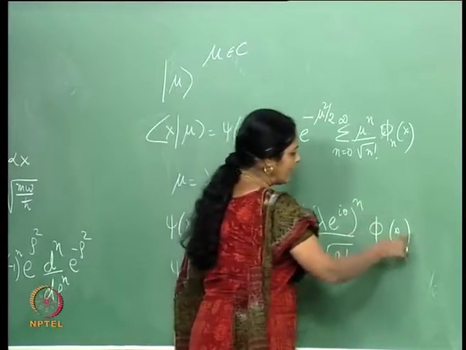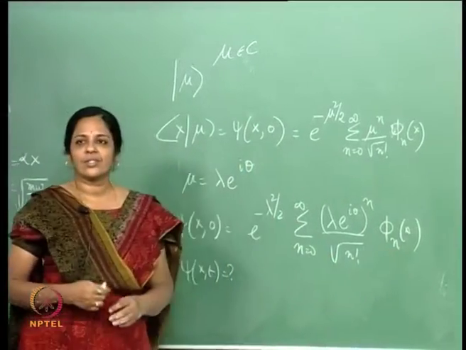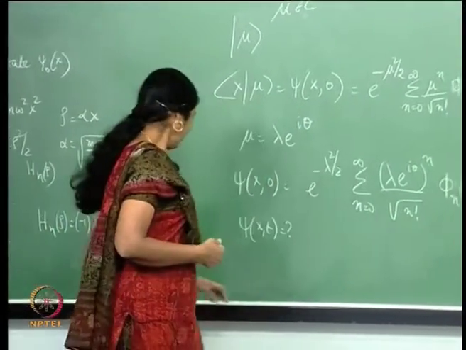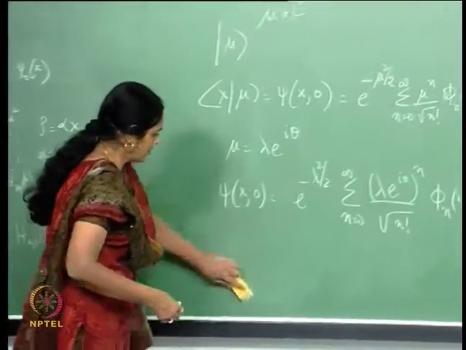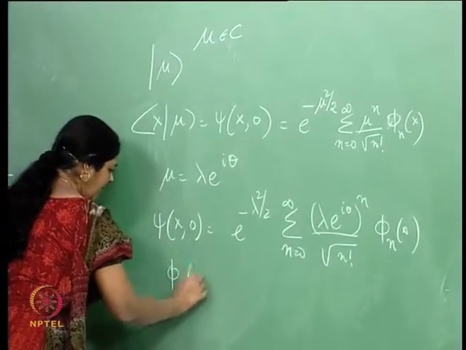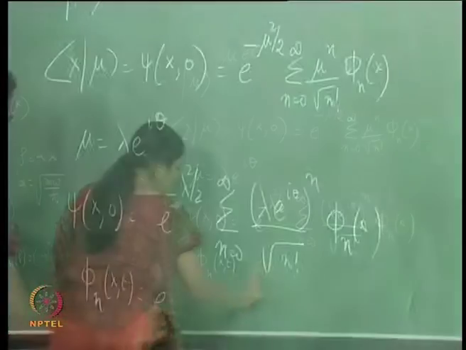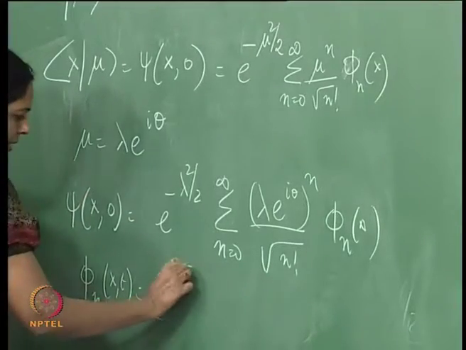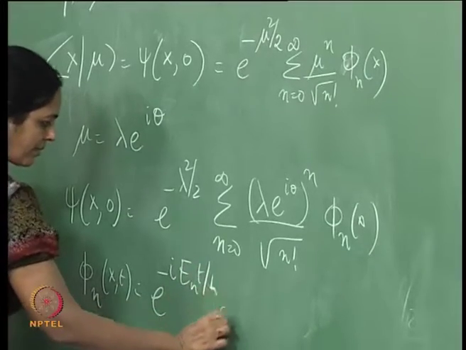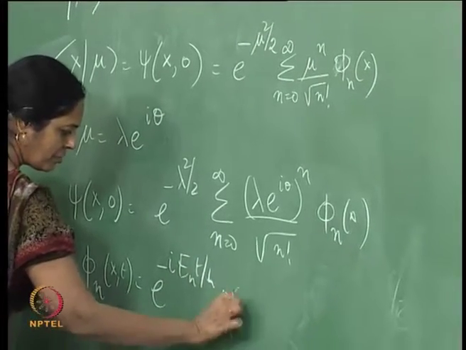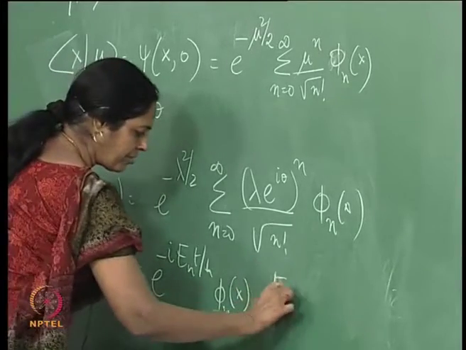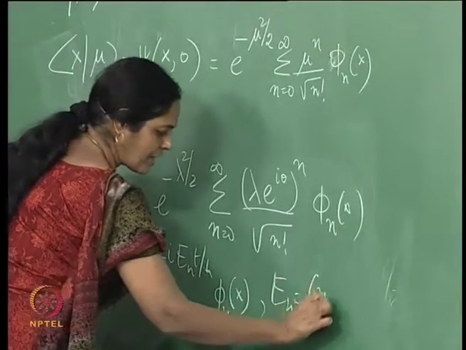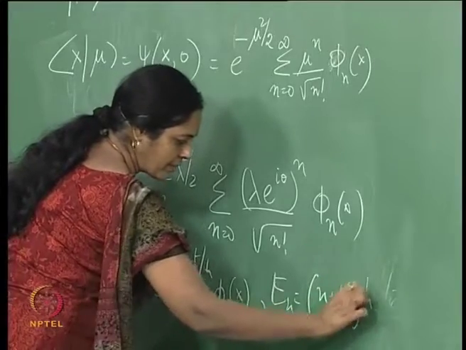It is clear that the phi n of x are stationary states of the system. Therefore, phi n of x,t is e to the minus i E n t by h cross phi n of x, and E sub n itself is n plus half h cross omega.